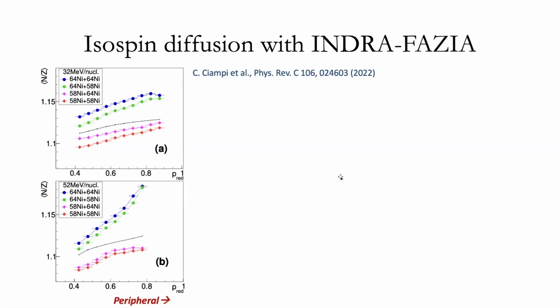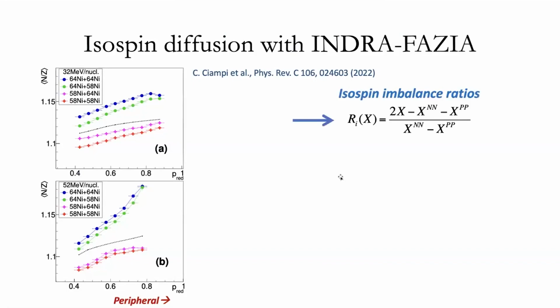You use this N over Z as an X variable to construct your isospin imbalance ratio that I was showing before: the one that is equal to 1 when you have transparency, equal to 0 when you have stopping, and in between when you have a translucency of isospin.